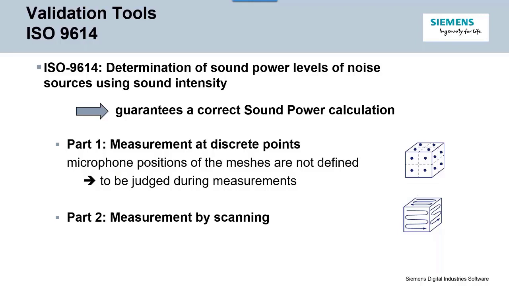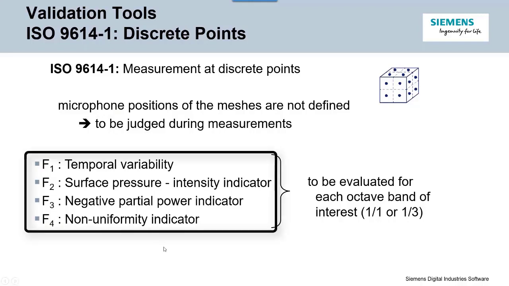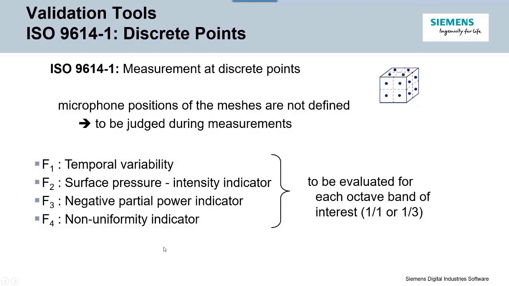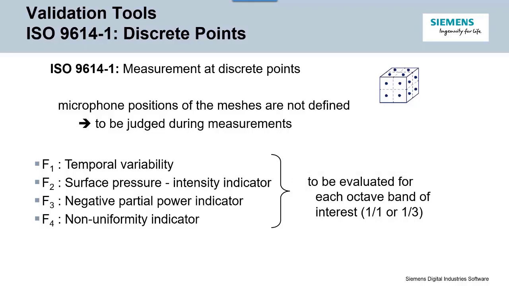One other thing is that these validation tools are called field indicators, and they're available for both the 9614-1 standard, which is the discrete point method, and also the 9614-2, which is for the scanning method. There are the field indicators F1, F2, F3, F4. Those field indicators are evaluated on each octave band or each 1/3 octave band, and they tell you whether you have measured enough points, and also what the size of the area is that you have to measure.